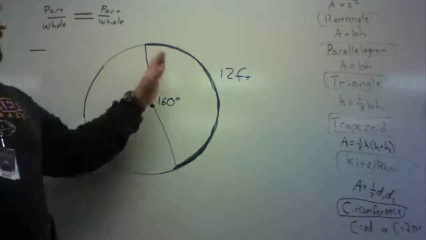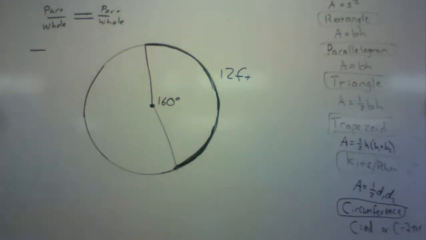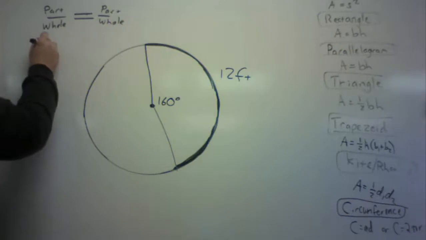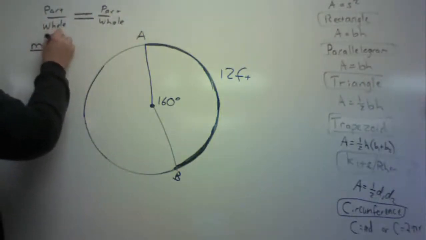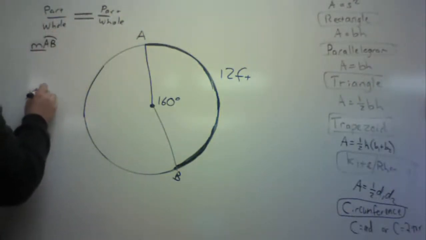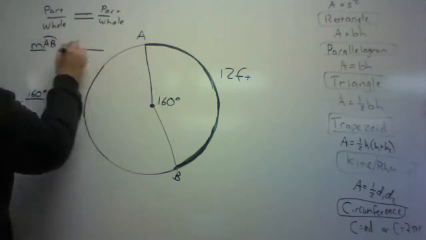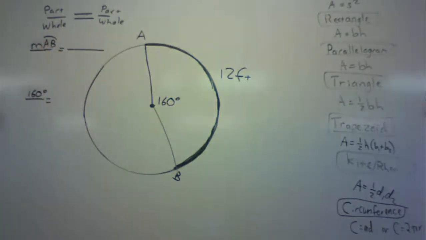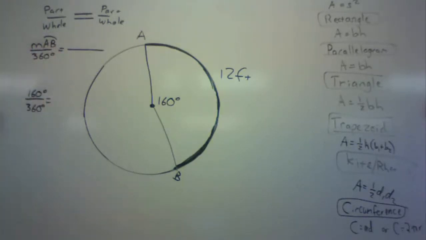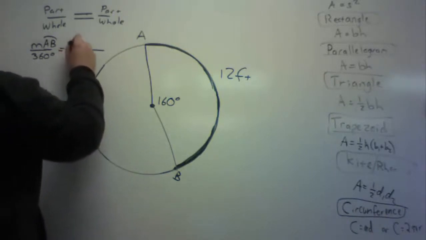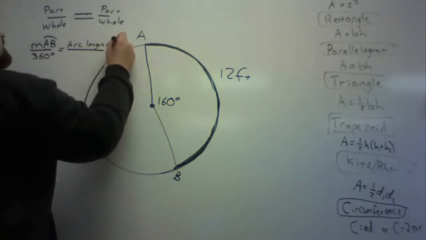So the measure of this arc would be, for instance, 160 degrees. So let's do measure of arc AB. In this case, it would be 160 degrees to the full circle, 360 degrees, equals the arc length of arc AB.